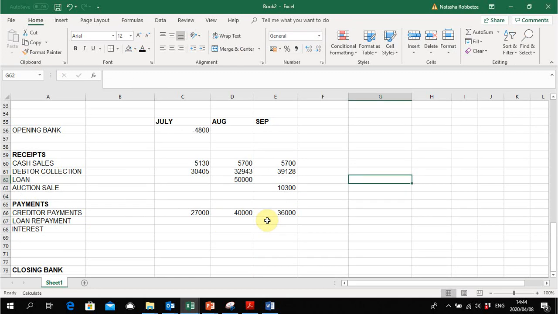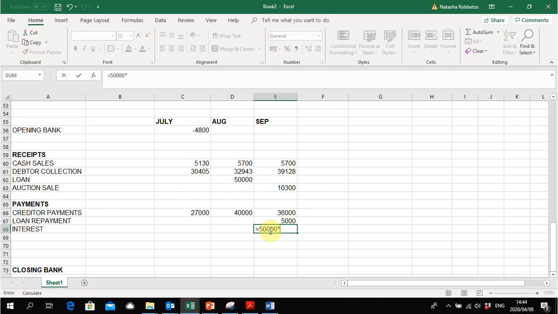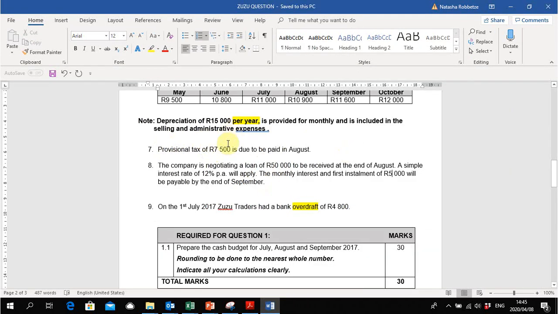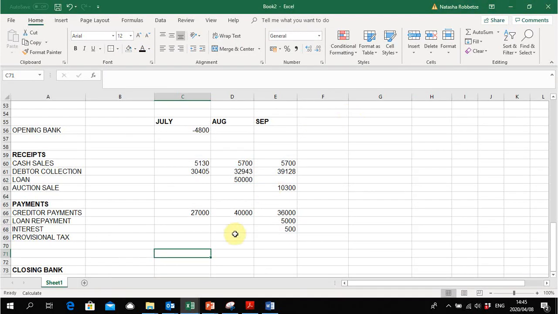The loan repayment is 5,000. The interest will be 50,000 at 12% times 1 month, 500 rand. There's some provisional tax. The provisional tax, 7,500 to be paid in August.